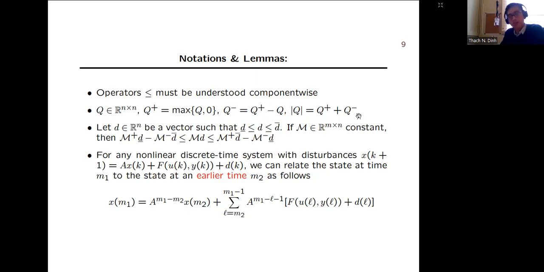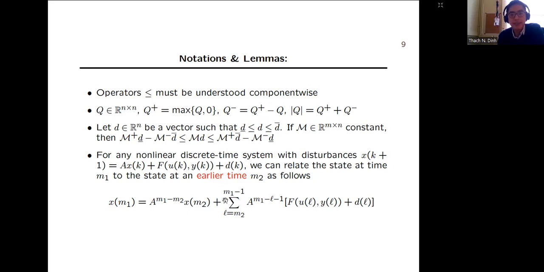Those relations are famous in the frame of interval design. And the famous inequality: if a vector D is bounded by known vectors, and if we have a constant matrix M, then we have those inequalities. The proof is very simple.